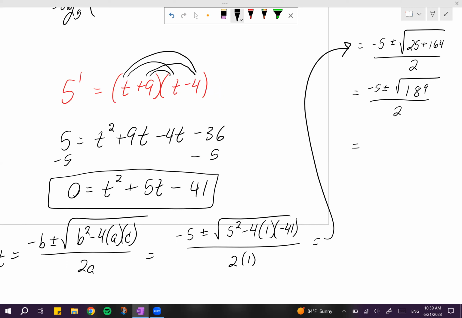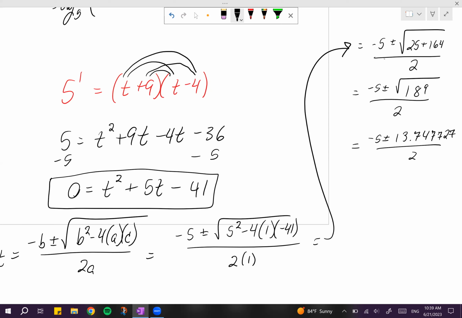Let's see, the square root of 189 is 13.747727, over 2. All right. I've got my calculator right here. I'm plugging it in to see what we get.